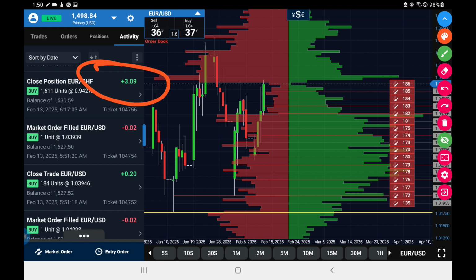One single profit from the euro franc combination. Now this is roughly 3 trades that made this profit. So an average of $1 each per position, which is not bad really given the strategy. And we are going to look at that chart and multiple charts of the strategy.